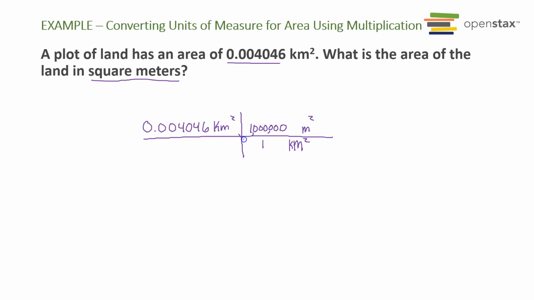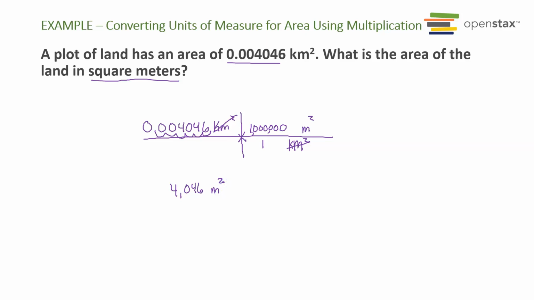Now we're going to cancel the kilometers squared because it's on top and bottom, and that's what we want to do. And then we're going to multiply by 1,000,000. So using that trick, we've got 6 zeros, we'll move 6 places. 1, 2, 3, 4, 5, 6. So the result of this should be 4,046, and we're talking about meters squared.